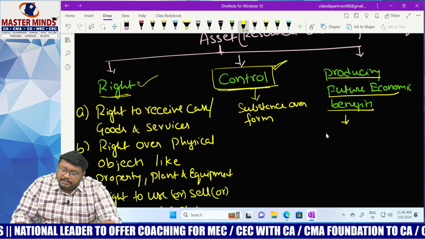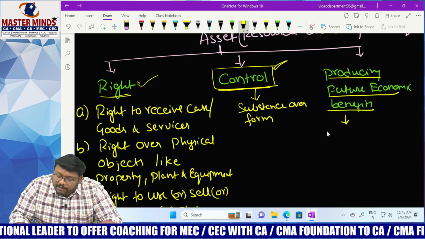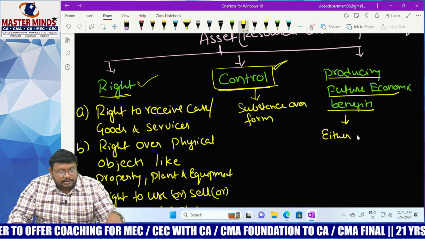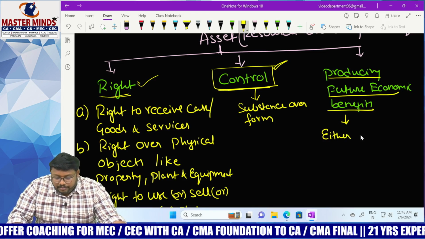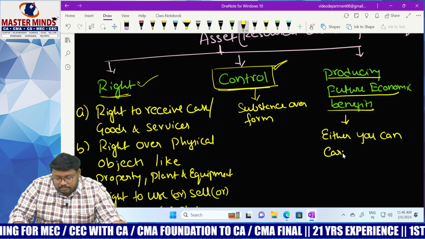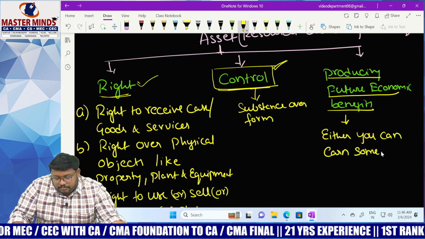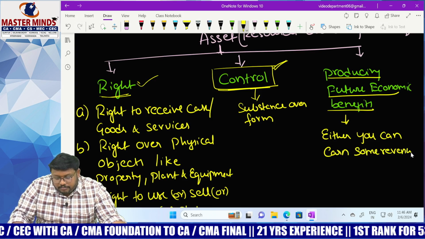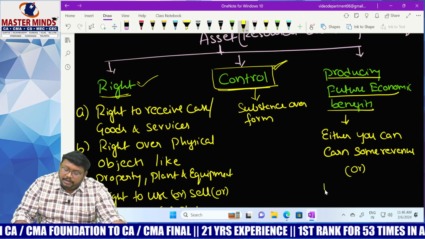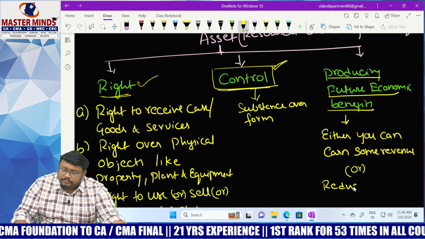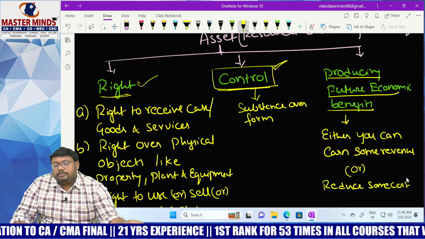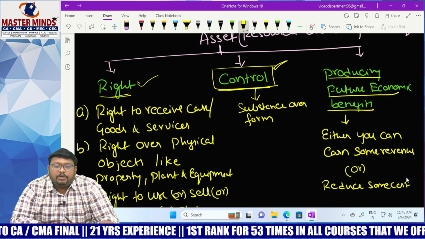So that means what is future economic benefit: by using that asset, either you can earn some revenue or reduce some cost.